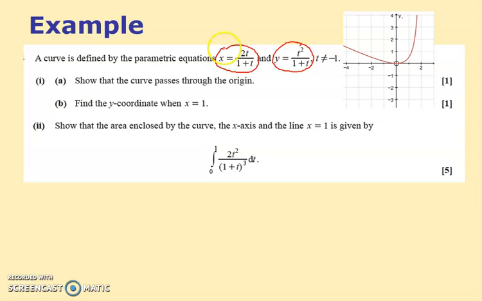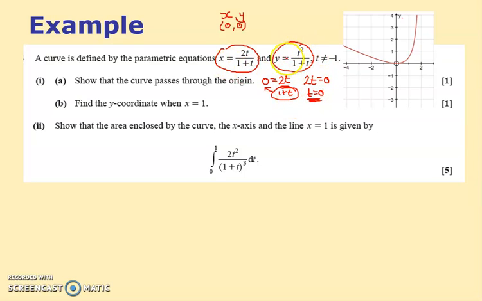Now, the origin has coordinates 0, 0, of course, which are the x and y values. So x is 0. I'm just going to write 0 equals 2t over 1 plus t. Now, if I move this fraction over to the other side and multiply, that'll tell me that 2t equals 0, because anything times by 0 is 0. And therefore, at that point, the x value has t equals 0.